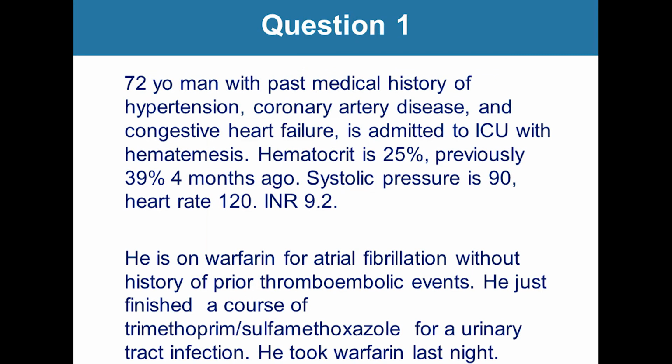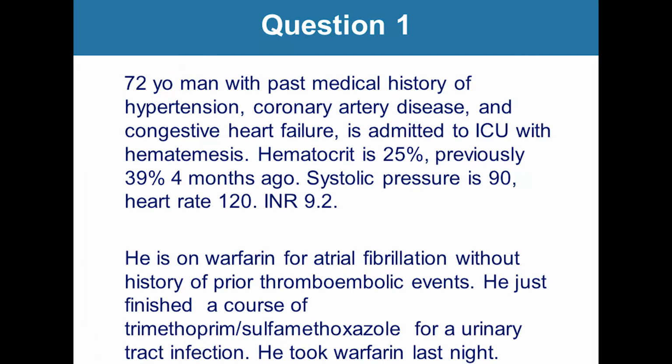Question one. A 72-year-old man with a past medical history of hypertension, coronary artery disease, and congestive heart failure is admitted to the ICU with hematemesis. His hematocrit is 25%. It was previously documented to be 39% 4 months ago. His systolic blood pressure is 90. His heart rate is 120.